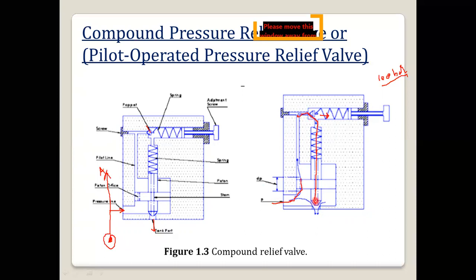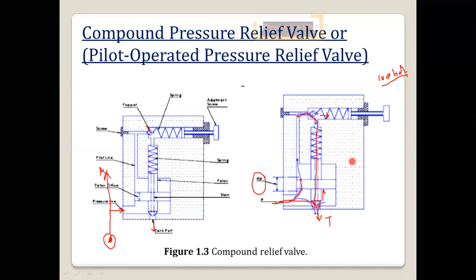The spring will expand, and this pocket will open due to the pressure drop. At that time the flow will be directly from P to T, that is, from the pressure line to the tank. In this way, the pocket will get pushed upward.